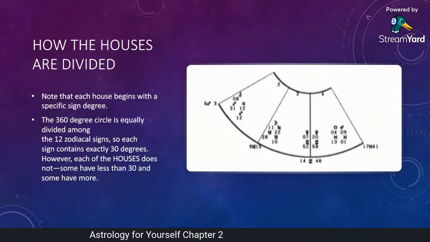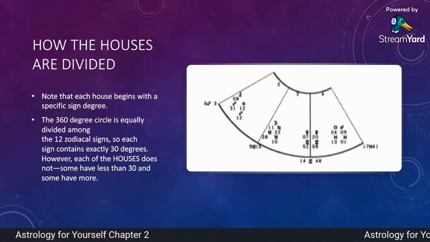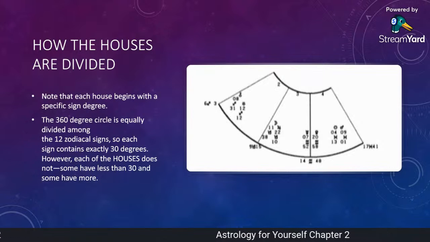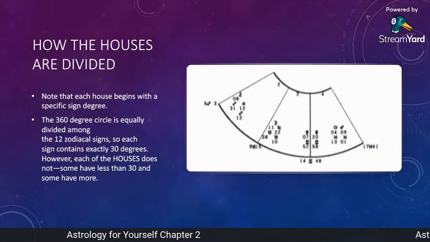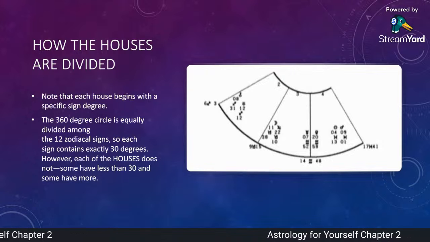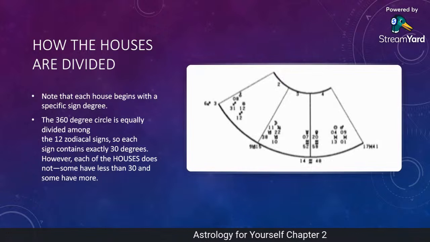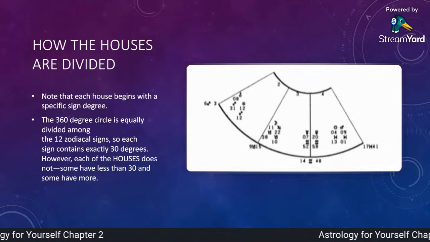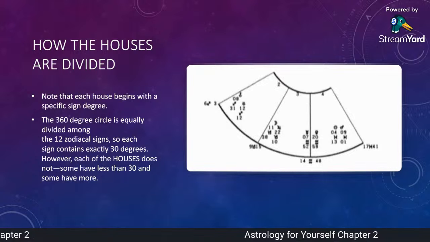So any planet between 9 Capricorn 15 and 29 Capricorn will be located in the third house, as well as any planet between 0 Aquarius 0 and 14 Aquarius 48. Likewise, the fourth house contains from the 14th to the 30th degree of Aquarius and from 0 to the 17th degree of Pisces.